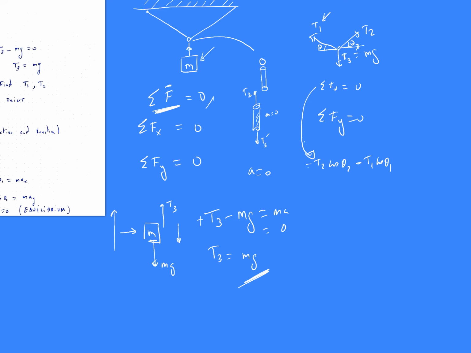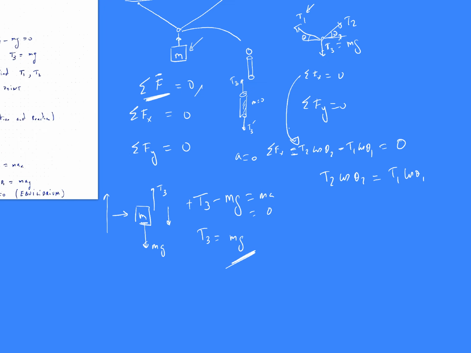So this is the sum of all the forces in the x direction, correct? And the sum of all the forces is equal to the mass times the acceleration, but the acceleration is 0. So for the x direction, I have produced one equation: T2 cosine of theta 2 equals T1 cosine of theta 1. Now let's do it in the y direction.